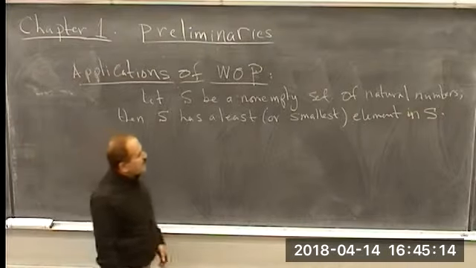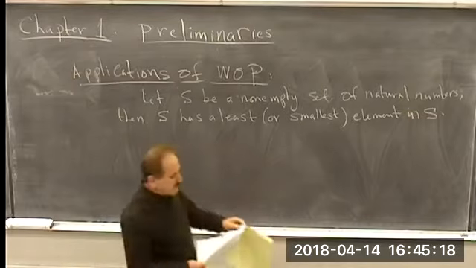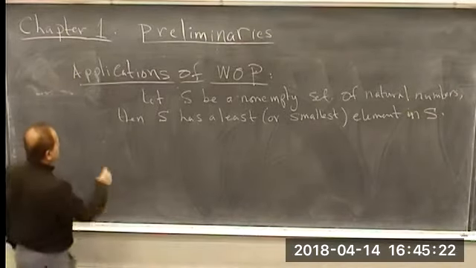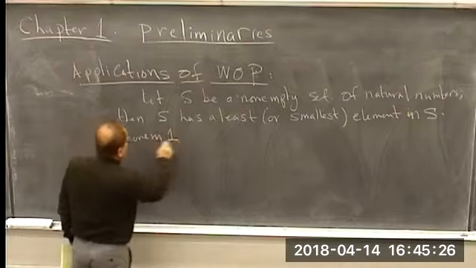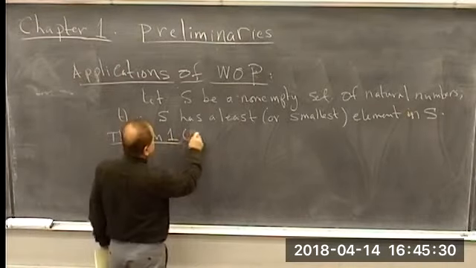All right, the first application I want to look at is called the Archimedean property for the natural numbers. So here is Theorem 1 of the book, and this is on page 2.